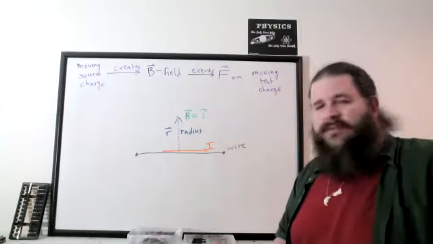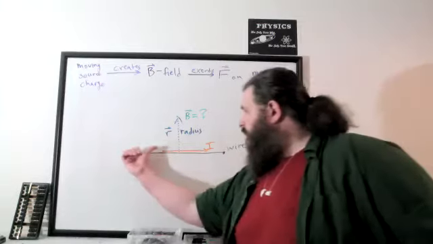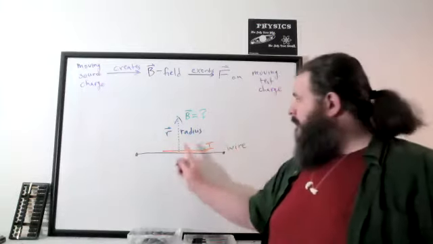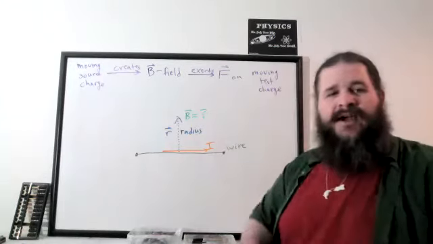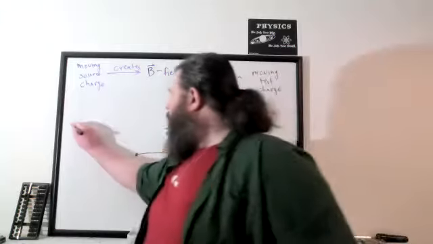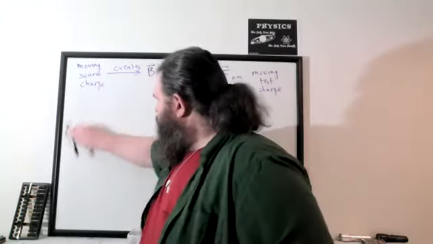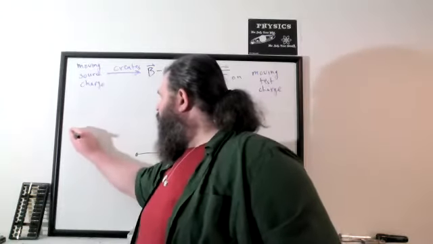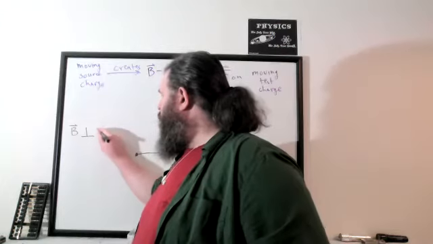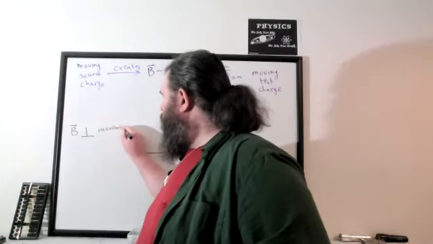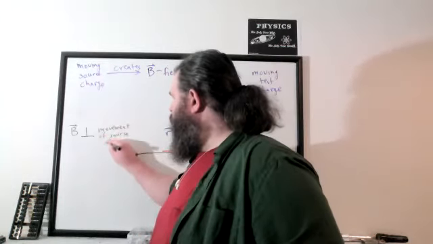One of the important things about the magnetic field is that it's always going to be perpendicular to both the flow of charge itself and the radius vector. This largely has to do with the way we define magnetic field in the first place. The magnetic field is always going to be perpendicular to the movement of the source charge.